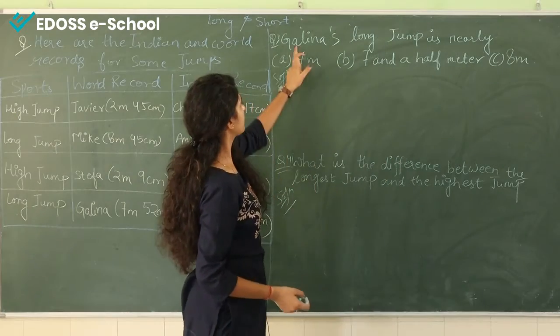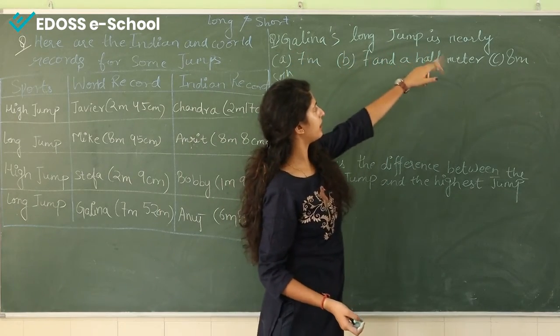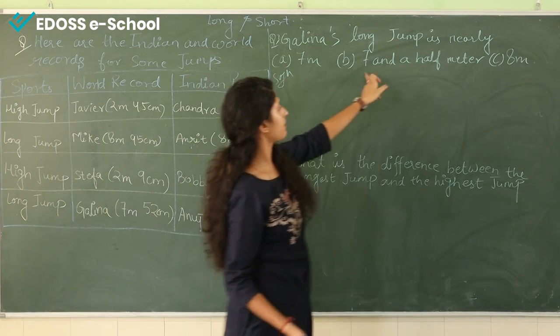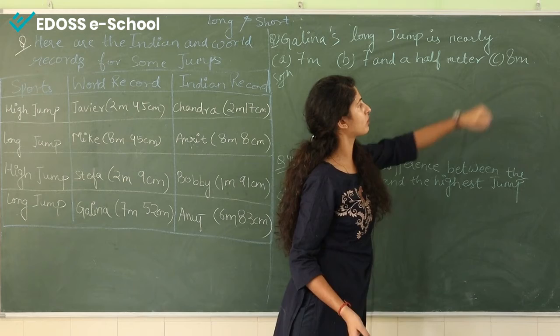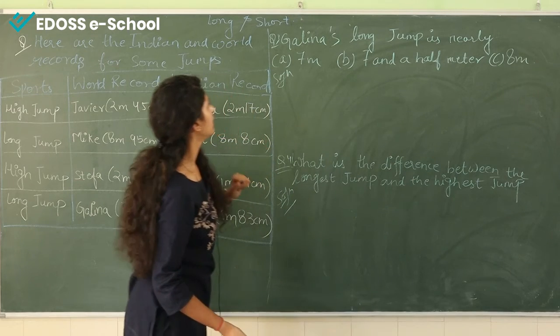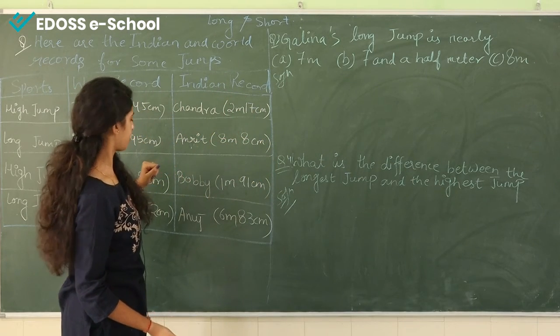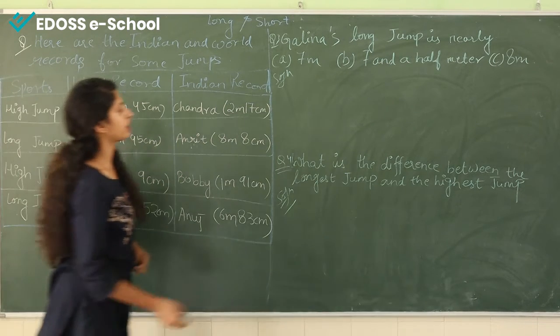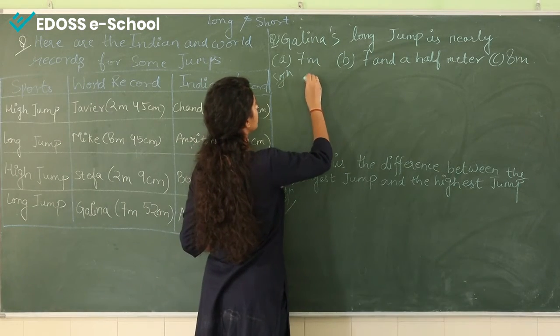Now next question is, Galina's long jump is nearly 7 meters, first option. B is 7.5 meters and C option is 8 meters. So first let's see what is Galina's long jump. Here Galina's long jump is 7 meter 52 centimeter.